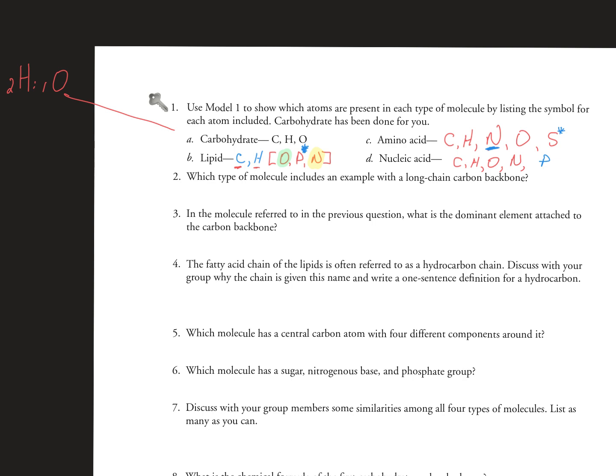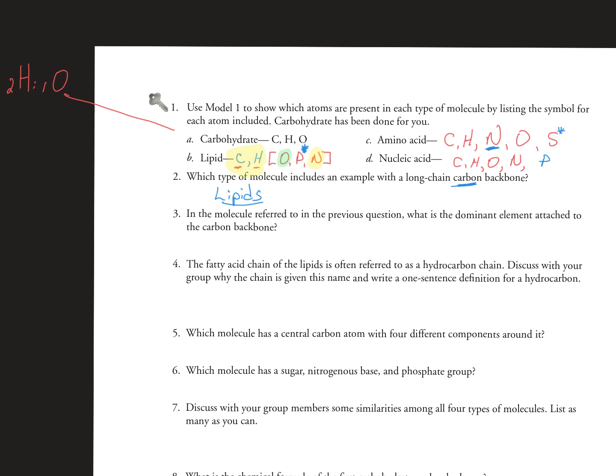You'd have to say lipids, right? Why? Because it's mainly carbon and hydrogen. Yes, there are other elements involved, oxygen, phosphorus, and nitrogen sometimes, but carbon and hydrogen being the main component.